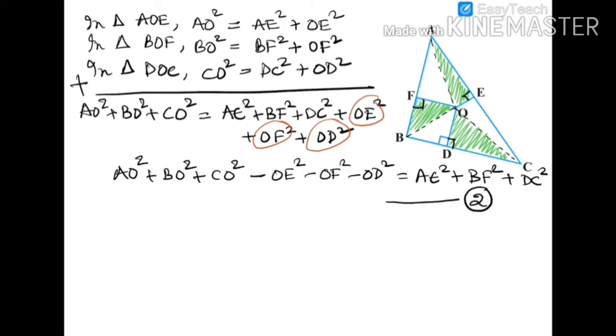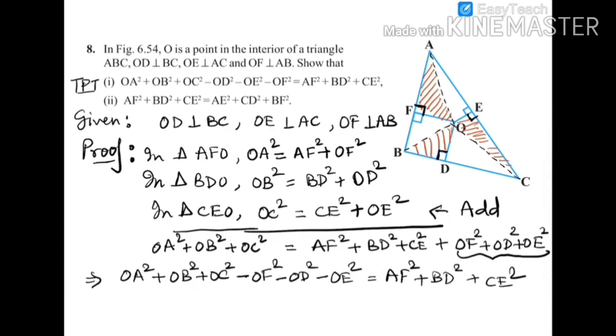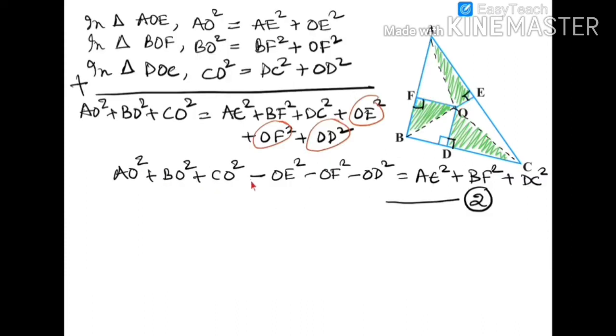Let's go back to the previous result. We will mark this as 1. Now compare their left hand sides. We have same terms on the left hand side of both the equations, which means their right hand sides are equal.